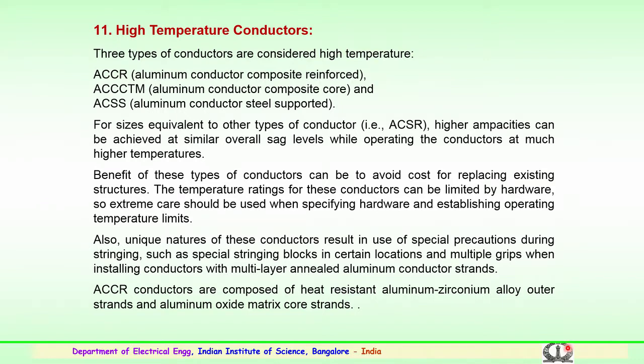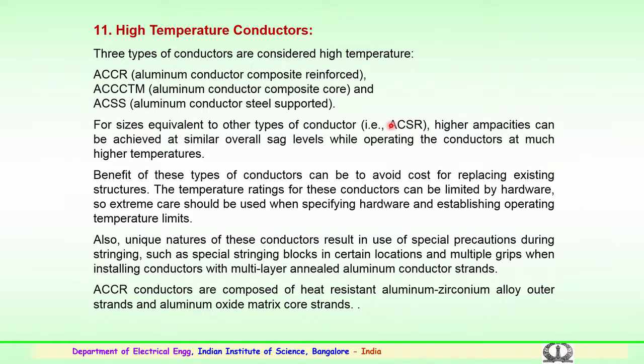High temperature, low sag, high current conductors have been used over a period recently, and high temperature, high current, low sag conductors are mainly of 3 types: ACCR, that is aluminum conductor composite reinforced, aluminum conductor composite core, and aluminum conductor steel supported. So, these are the 3 different conductor types in high temperature conductors.